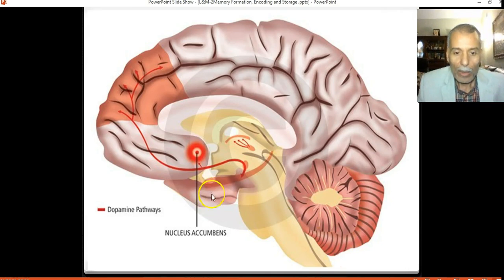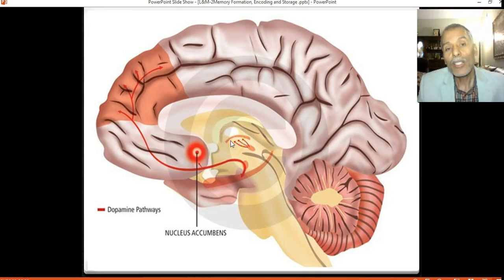So again, this is part of the dopamine pathways here, and the ventral tegmental area would be around here. Part of the dopamine is used in the basal ganglia that mediate your movement. People who are depleted of dopamine, or who don't have enough, or are not circulating it right, are going to have Parkinson's disease.